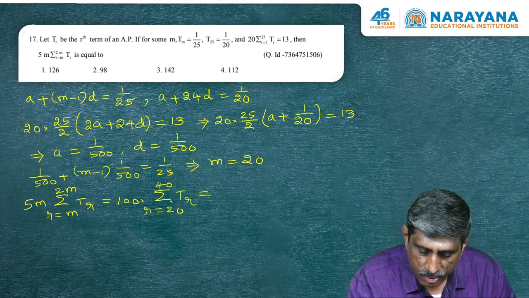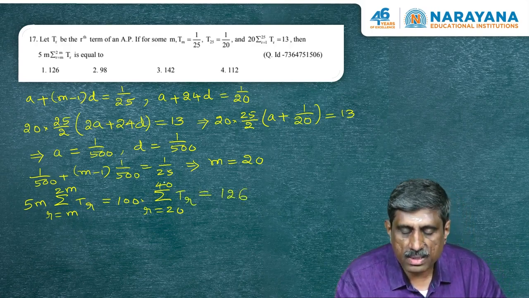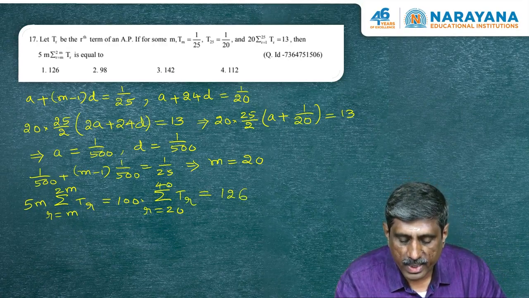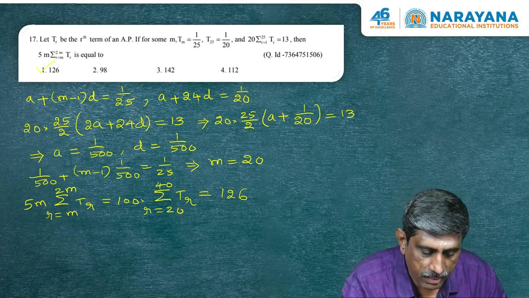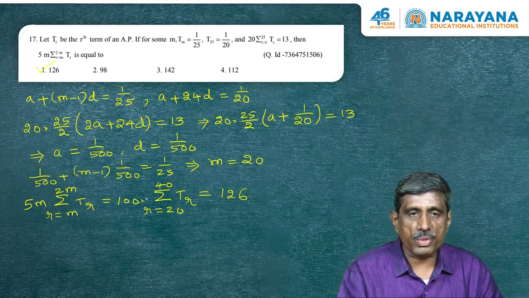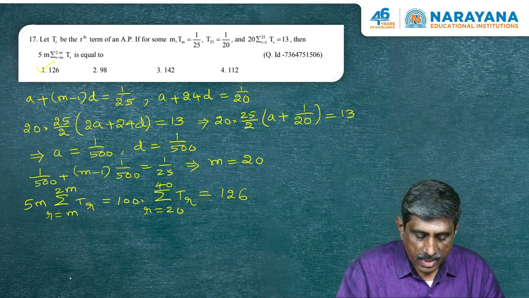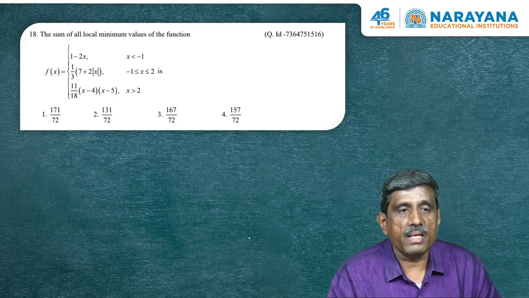And when you substitute the sum and simplify, we are getting the answer as 126 directly. We will find out the sum of the terms from 20 to 40, and when we simplify, 126 is the correct answer, which is option 1 for question number 17. This is the question under progressions. Let us move on to the next question, number 18.